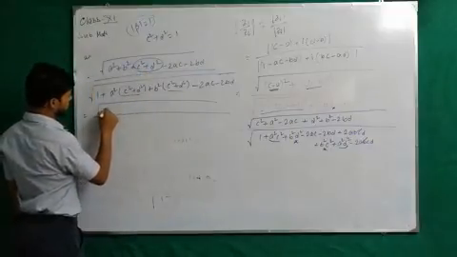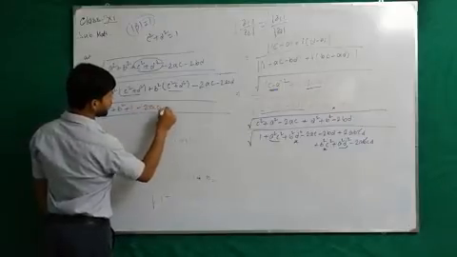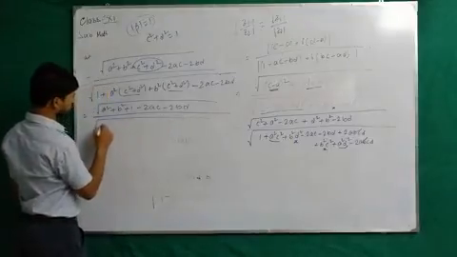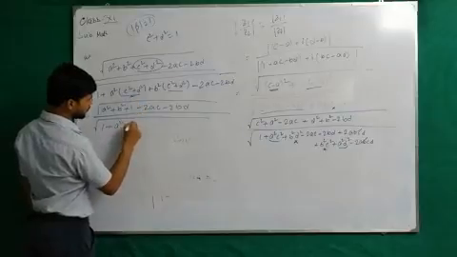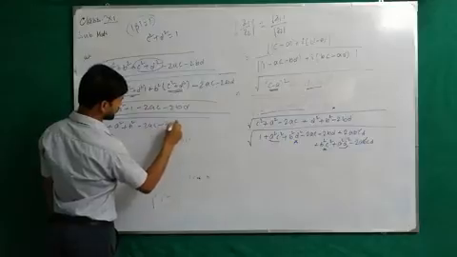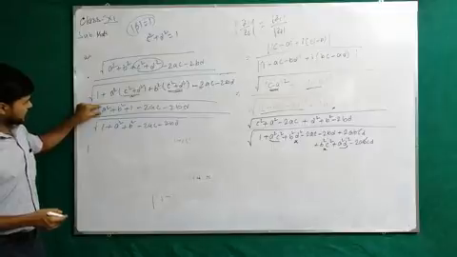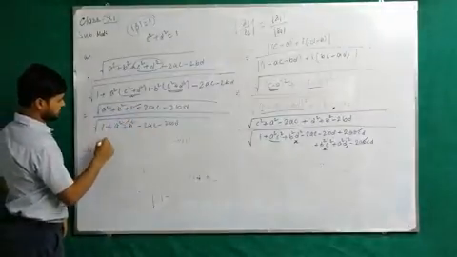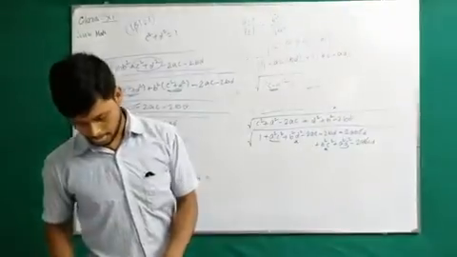We have A square plus B square plus 1 minus 2AC minus 2BD, divided by root over of 1 plus A square plus B square, because this term equal to 1, minus 2AC minus 2BD. Now if you slightly rearrange this, you can see that this expression and this expression are same, so cut them, so answer equal to 1, and hence the problem is solved.